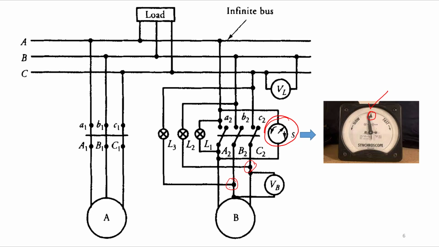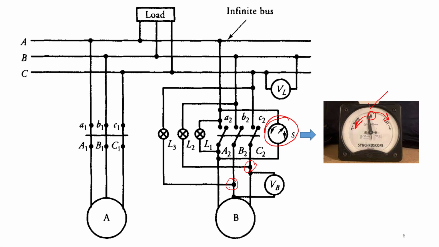When it is moving towards the right, in the clockwise direction, your generator is fast. The rotation is fast, the frequency of the generator is more. When it is slow, it goes counterclockwise, and then the generator speed is low.